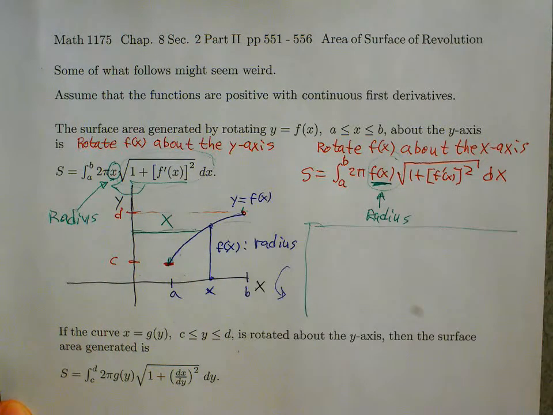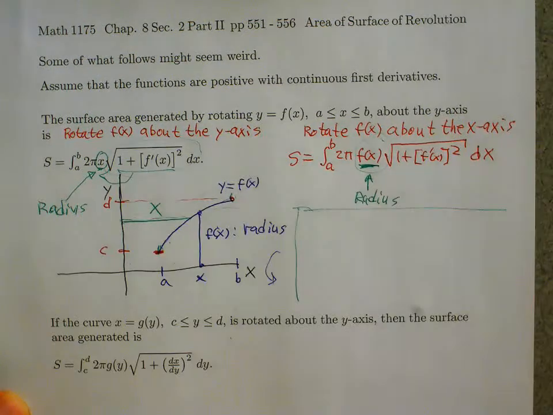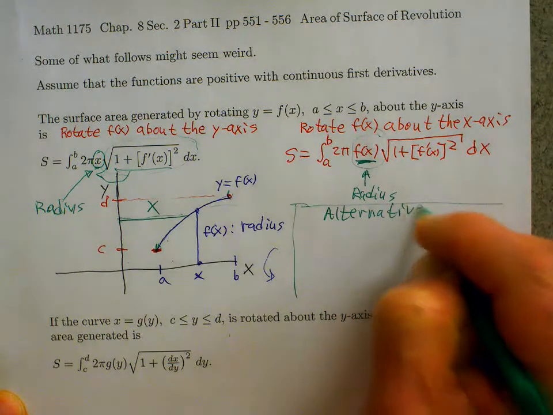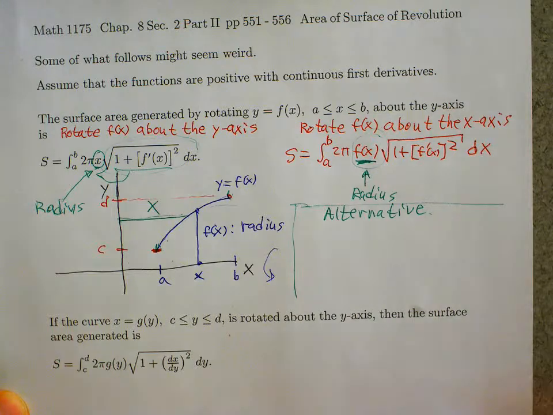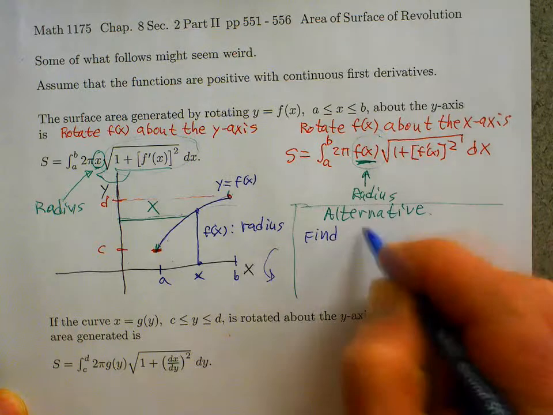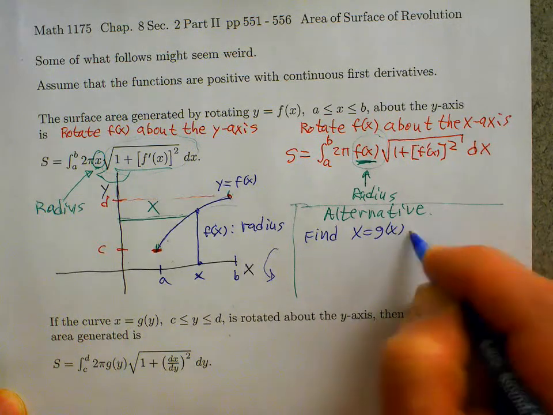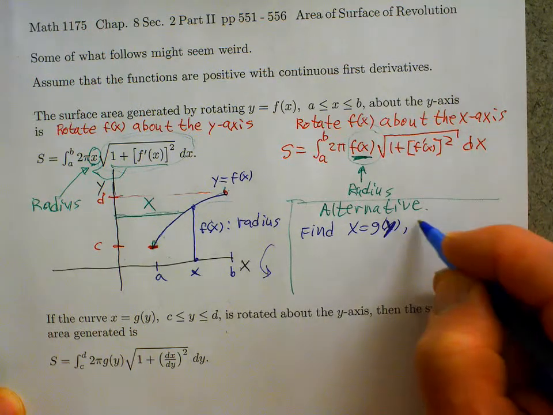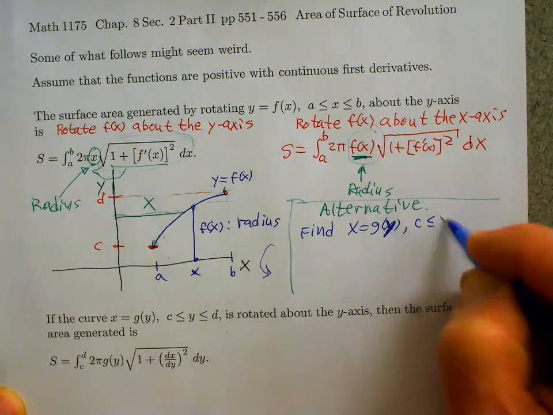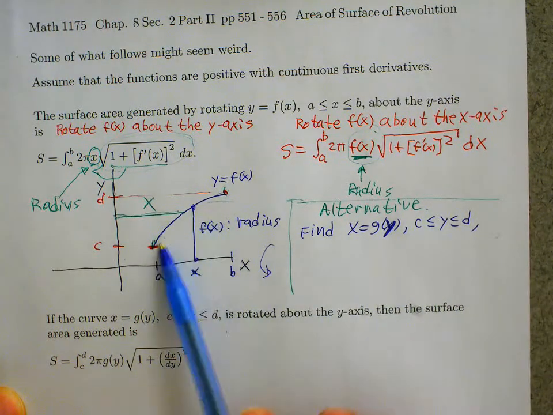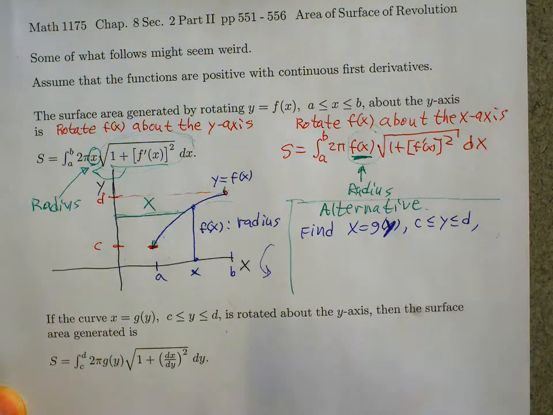See what I mean? So this is the alternative. We could find x equals g of y for values of y between c and d that is the same curve as y equals f of x on the interval from a to b.